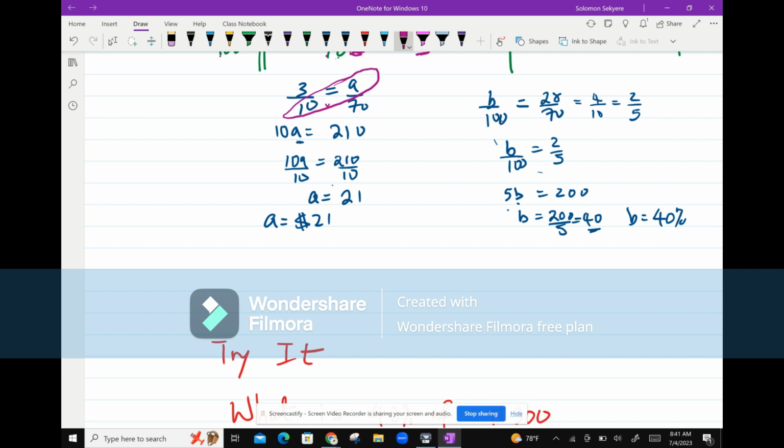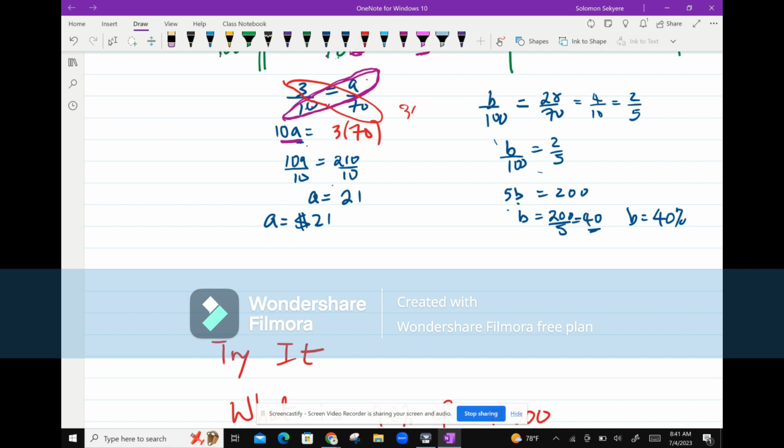So 10 times A, if you draw this butterfly wing, 10 times A. Let's do that first and put it on the left: 10A, and then it should be equal to 3 times 70. We're not going to write 10 times A, we write 10A.